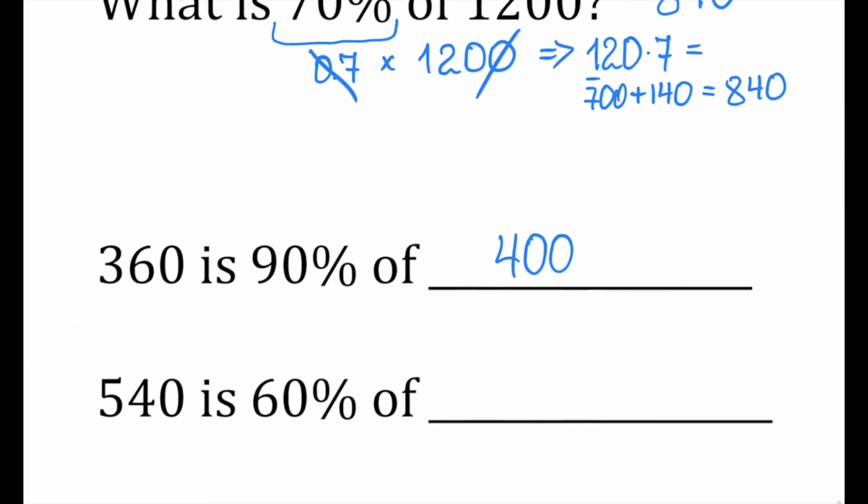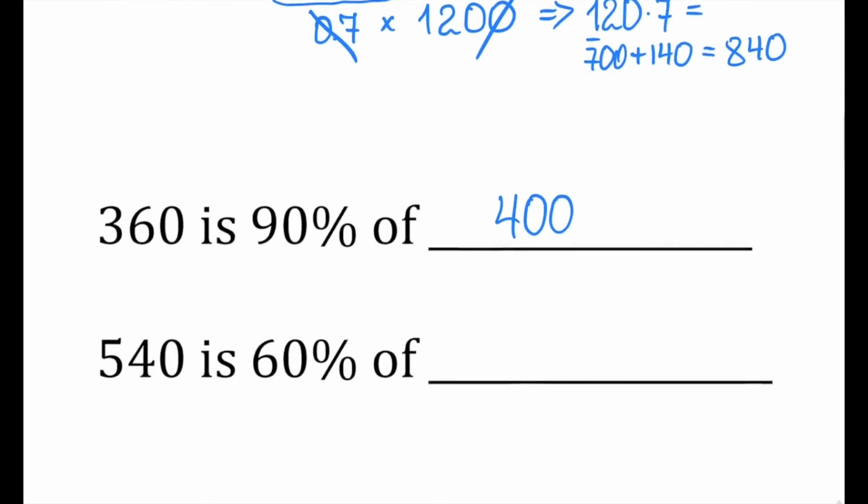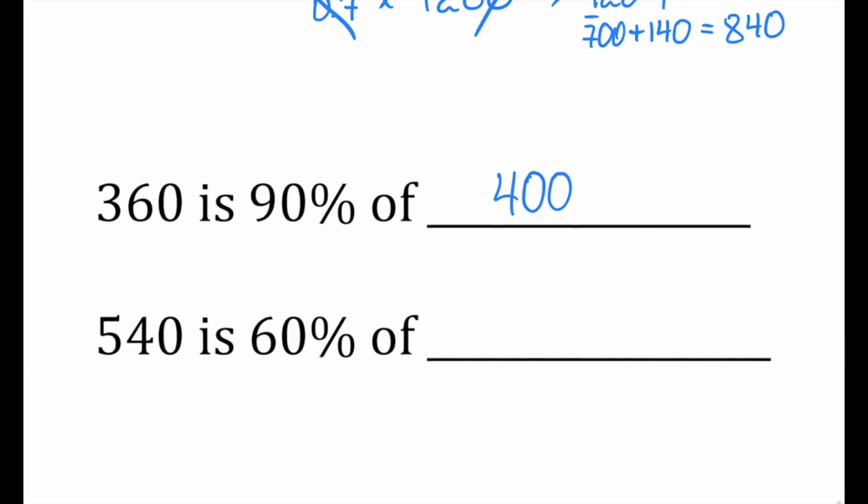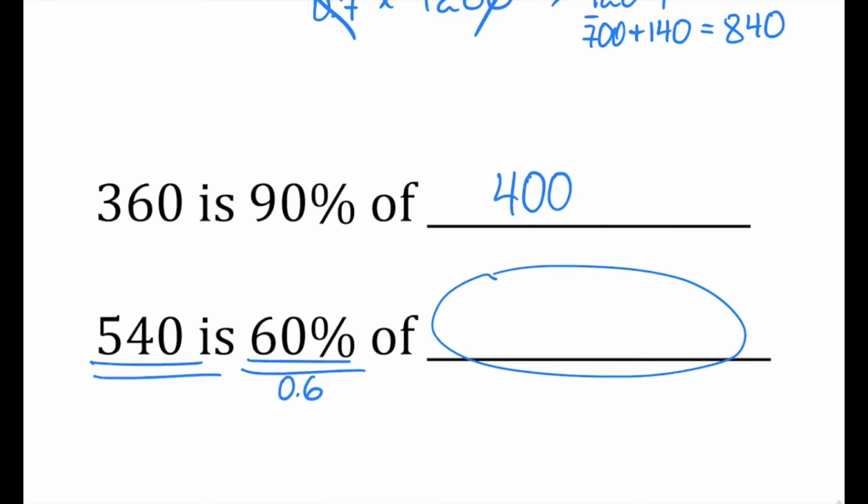Let's look at the next one. 540 is 60% of what? In order to figure out what that secret number is, I'm going to remember that 60% is 0.6. And since I'm finding the number of which 60% is 540, I will take the 540 and divide it by 0.6. Again, I don't like dividing by decimals.